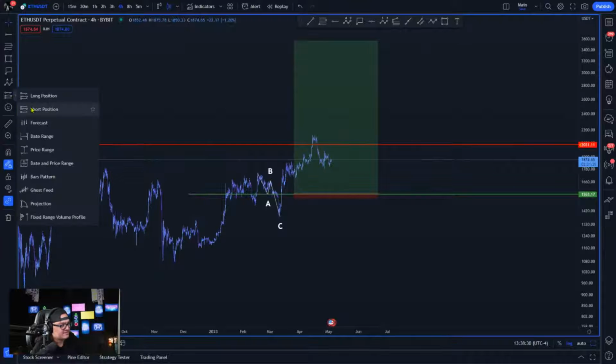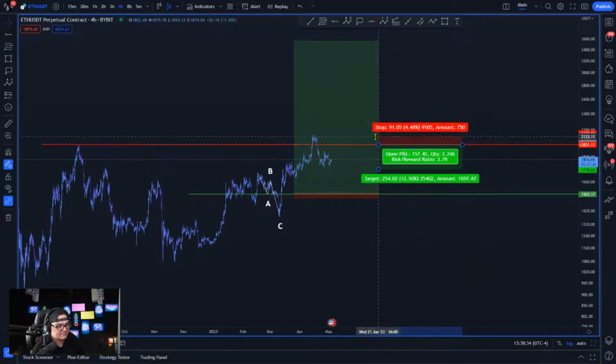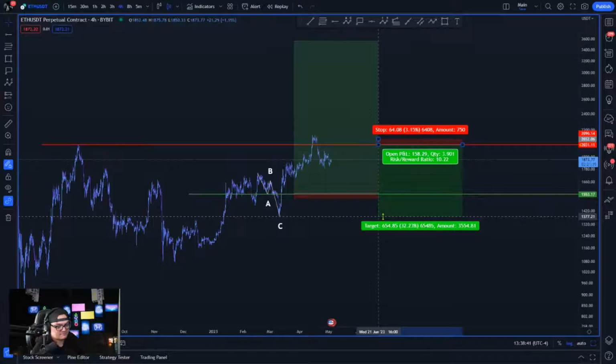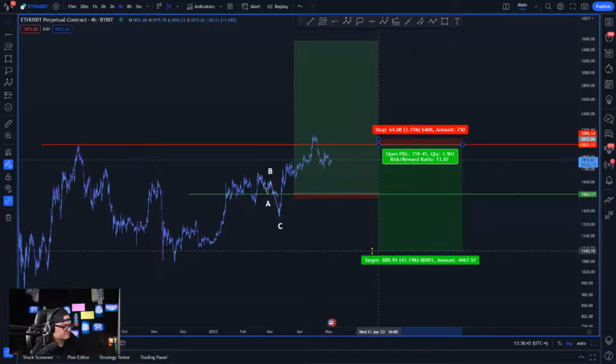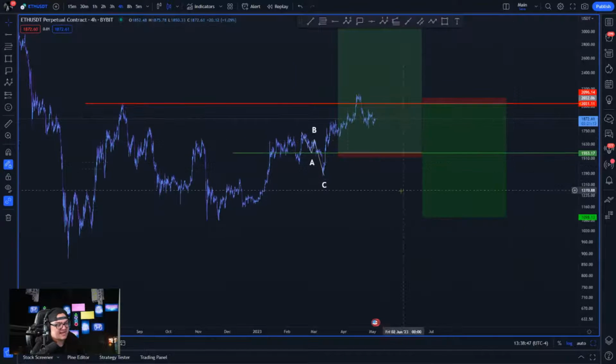The beautiful part about this as well is that if this short position does play out, and let's say we do continue to break, I don't know, 1,300, even if we go down to $1,000, regardless of what happens, I didn't take this trade until we started pumping again. So I never got stopped out.